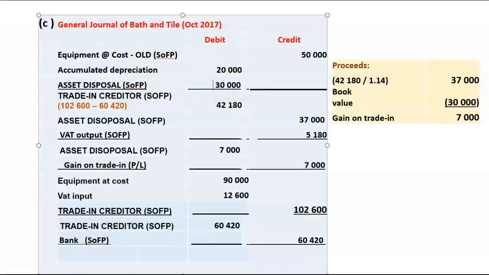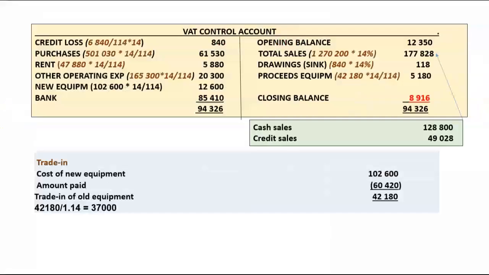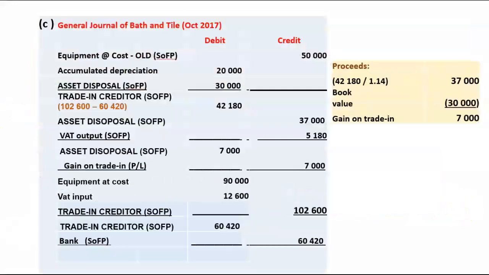Right. The second part is to record the proceeds on the sale of the asset. And there we've seen that we have received 42,180 Rand for this old asset. So the trade-in creditor owes us an amount of 42,180 Rand for the new asset.